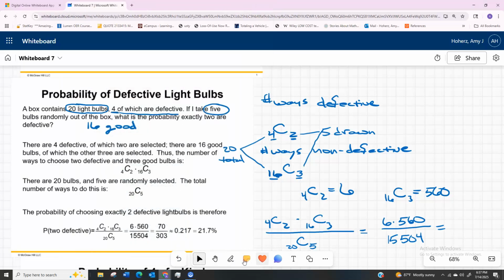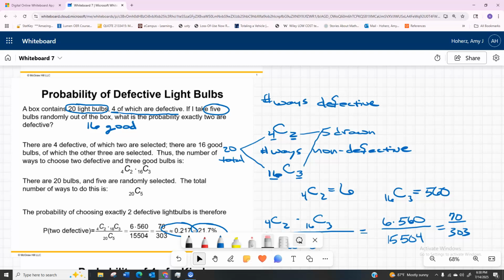Okay, so here's our answer for that. We've got 70 out of 303, which is approximately 0.217. I've kind of run out of room over here, which is equal to 21.7%. And I just paused and looked because that didn't sound right to me. That's not supposed to be 303.